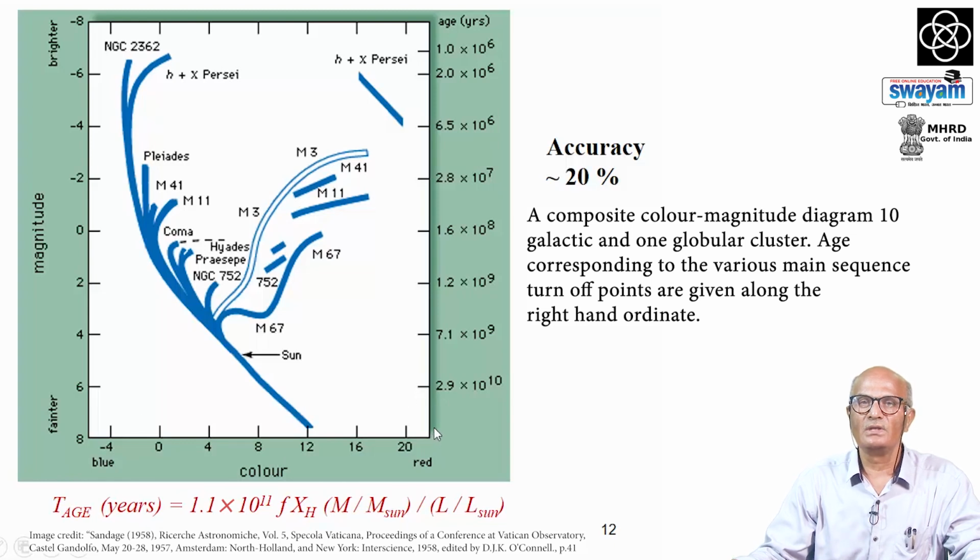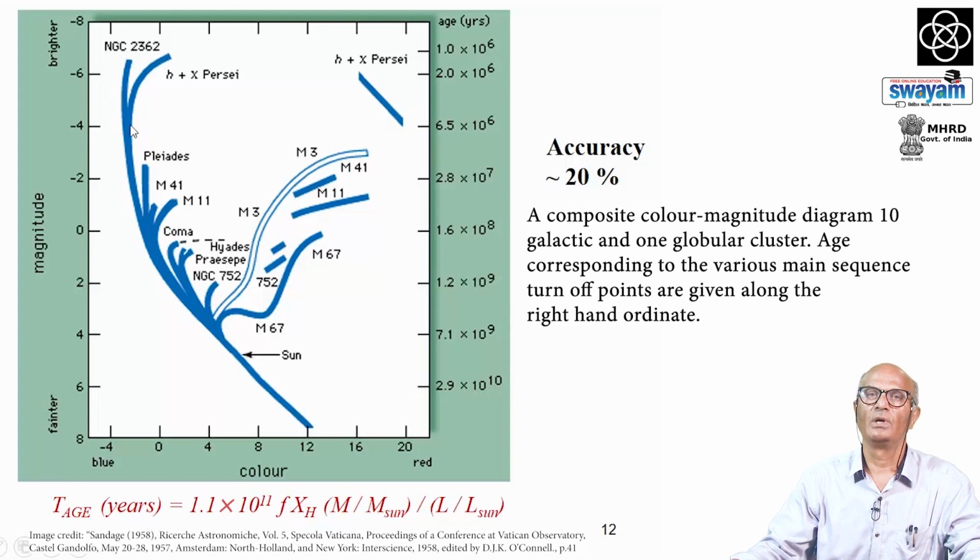And if we see on this axis, it is the age of the main sequence star determined from the turn off point. So, for example, this arrow indicates the location of the sun. As we know, the age of the sun is about 4.5 gigayears. This is younger than that, M67, and this is a globular cluster. And then the various isochrones which are displayed here.